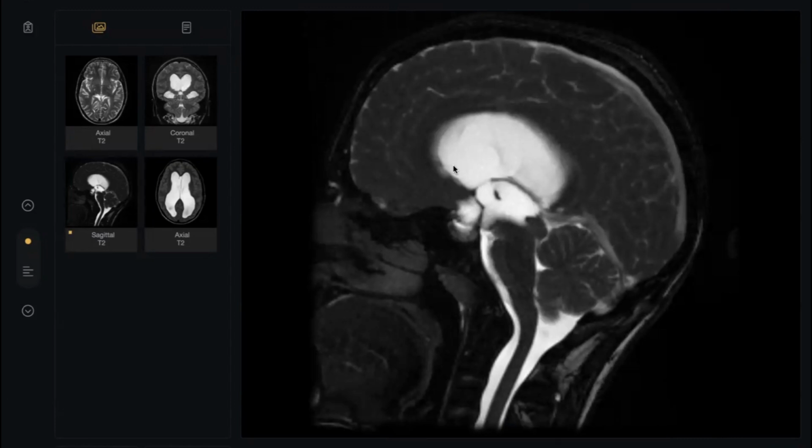The fourth ventricle appears normal. So this is a case of obstructive hydrocephalus, likely due to aqueductal stenosis. I don't see any tonsillar herniation. This is an emergency, so I would urgently refer to pediatric neurology for urgent decompression.